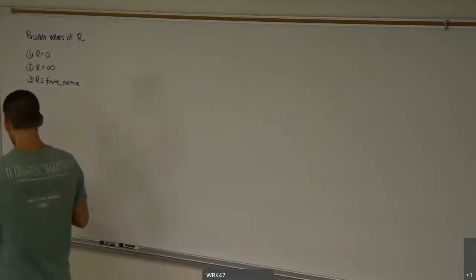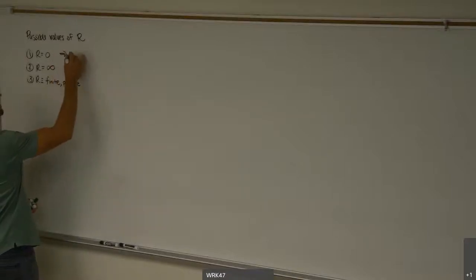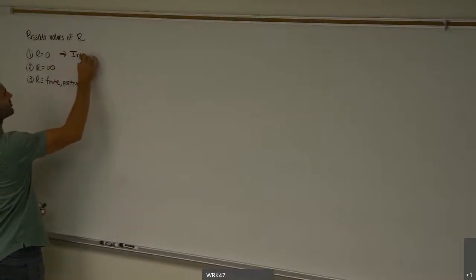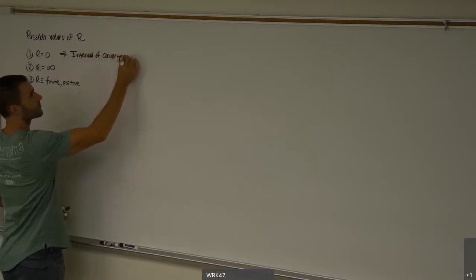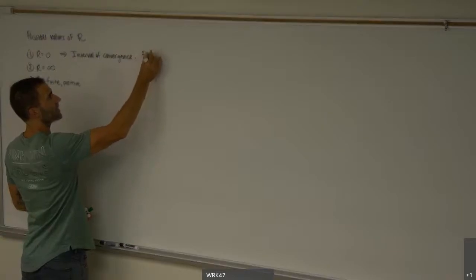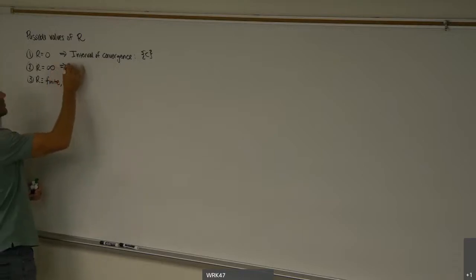And so if R is 0, what does this imply? This implies that the interval of convergence is just a single point c. It's not even an interval, it's just c itself. What does this imply?